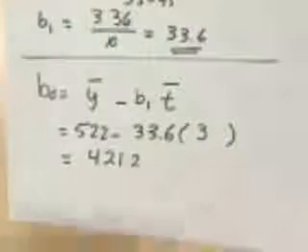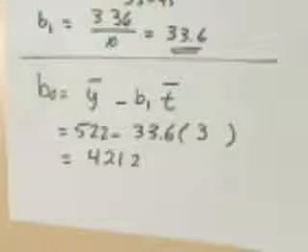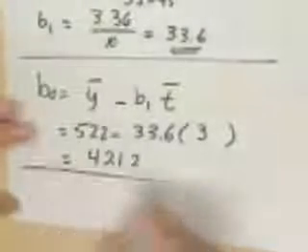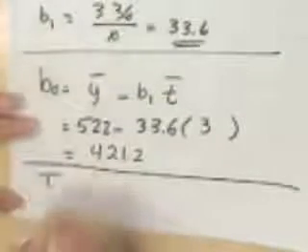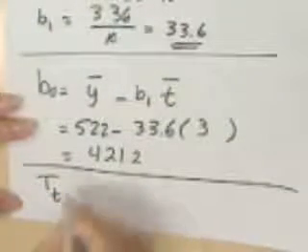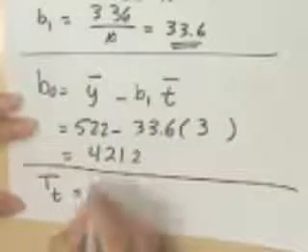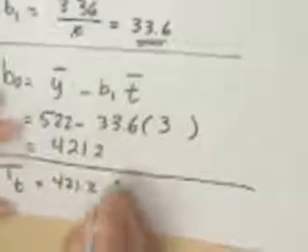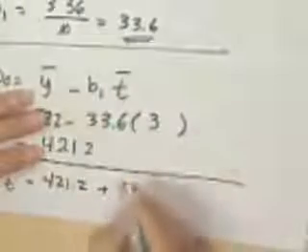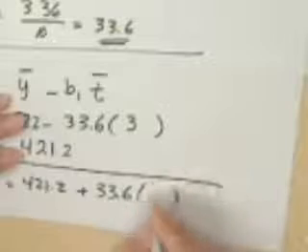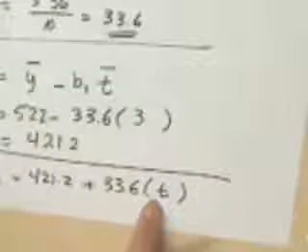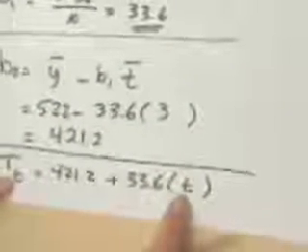421.2. So my equation for the line is, and this is a trend equation, the trend for any given time period is equal to intercept plus slope times whatever time period I want to compute it for.